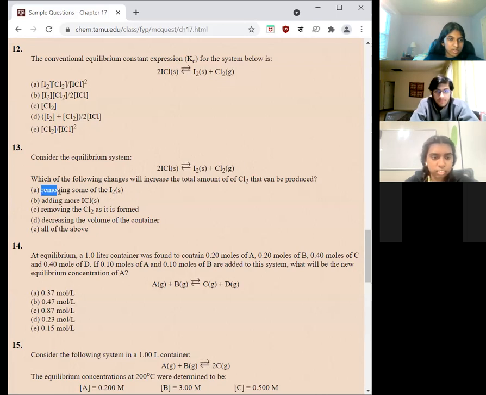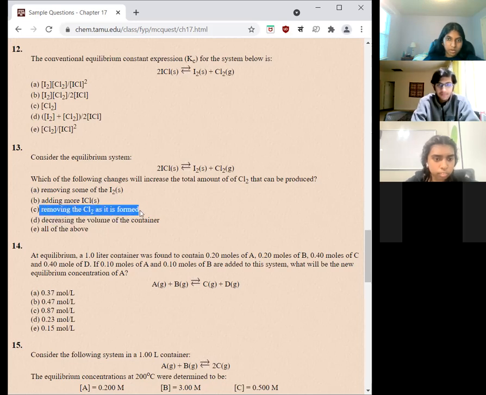Adding something to one side is the same as taking something away from the other side. Adding more ICl here, I think that should be correct, but we can look at other ones. Removing the Cl2 as it is formed, that should also work.